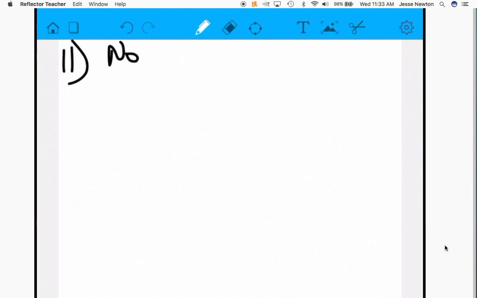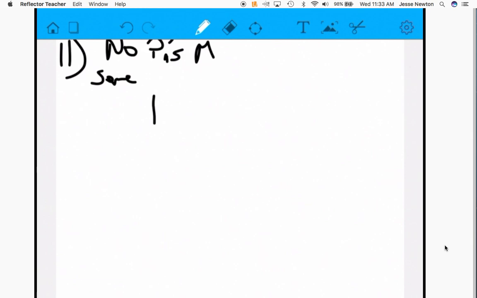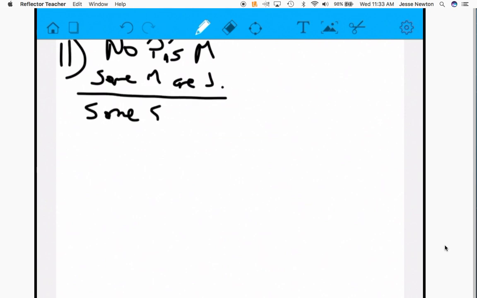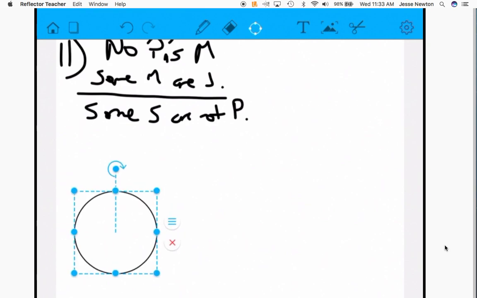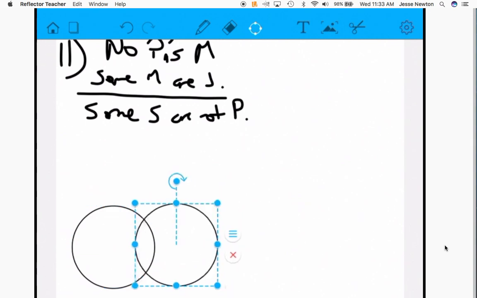No P is M, some M are S, therefore some S are not P. Okay, now let's draw our circles just as before.